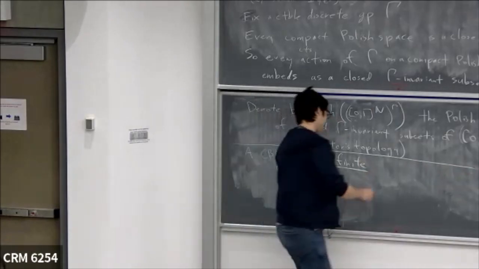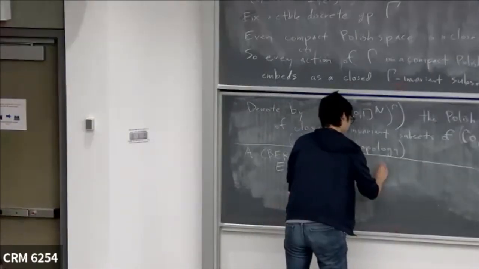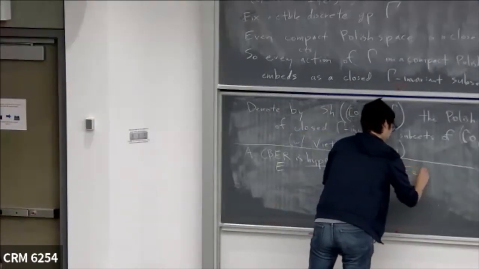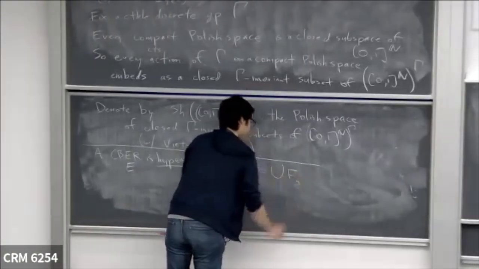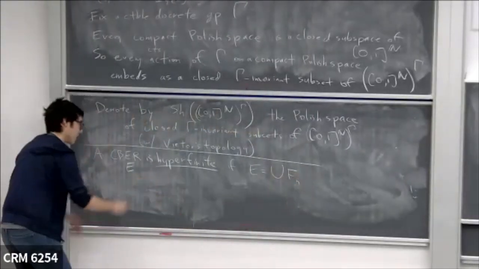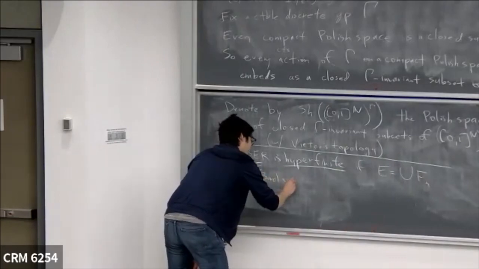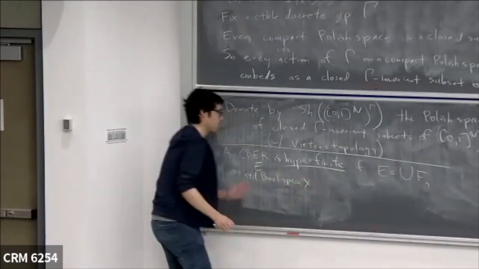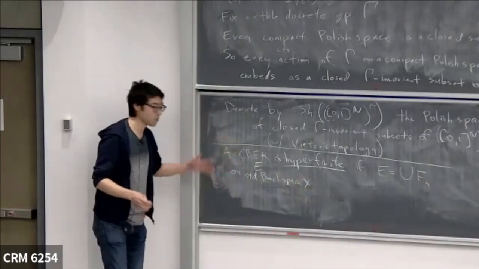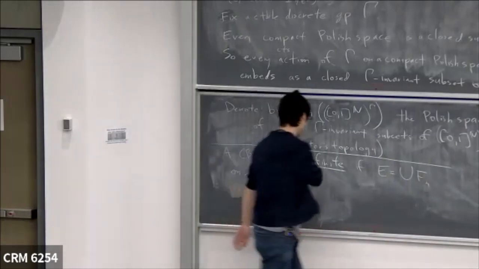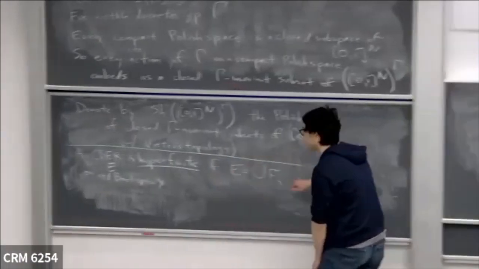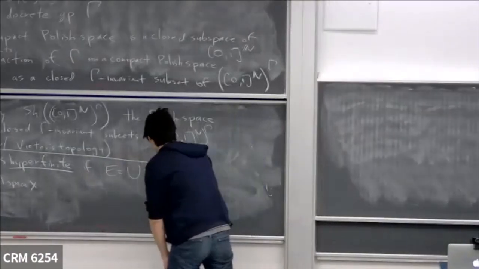It's hyperfinite if E on a standard Borel space X is the increasing union of a bunch of finite equivalence relations, and there's no measures. So I'm not allowed to throw away a measure zero set because I don't even know what a measure is. So it's hyperfinite if it's the increasing union of finite Borel equivalence relations.